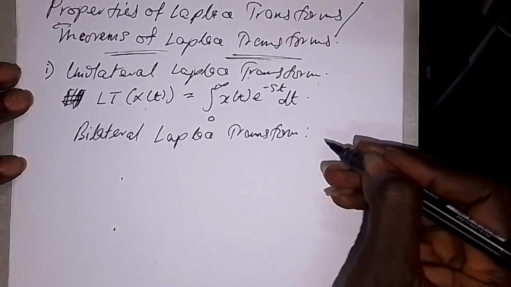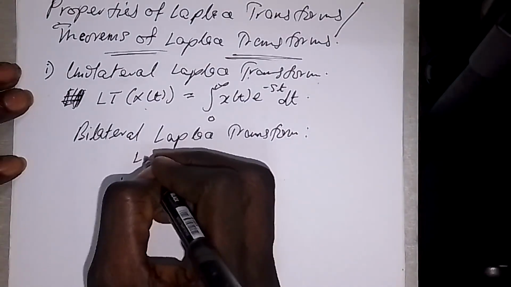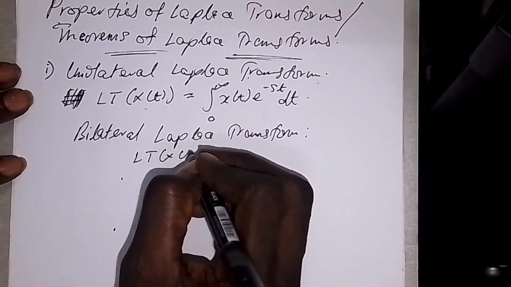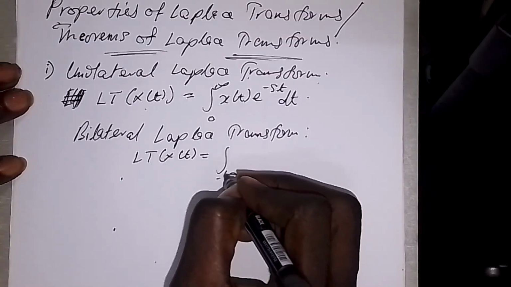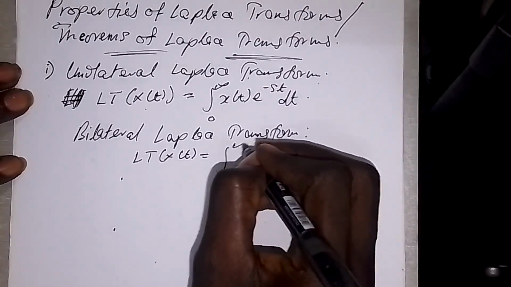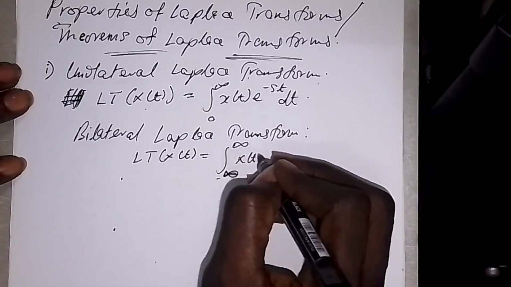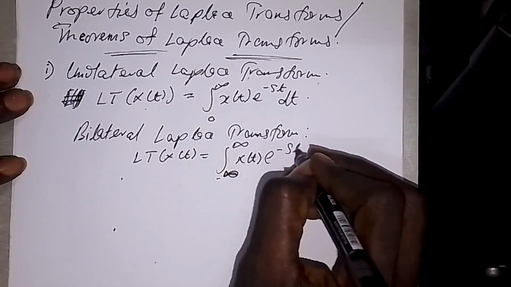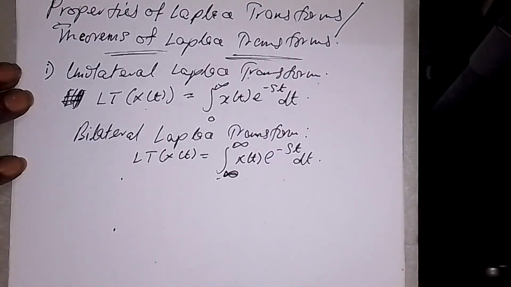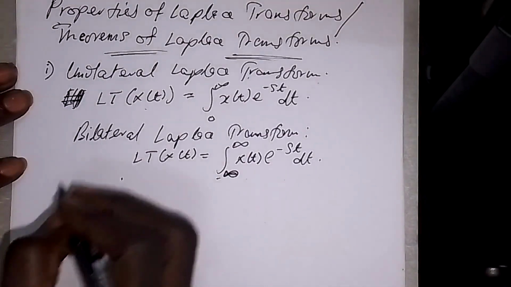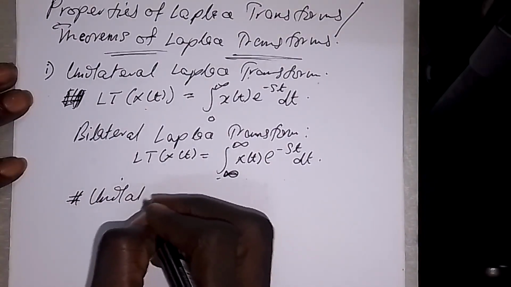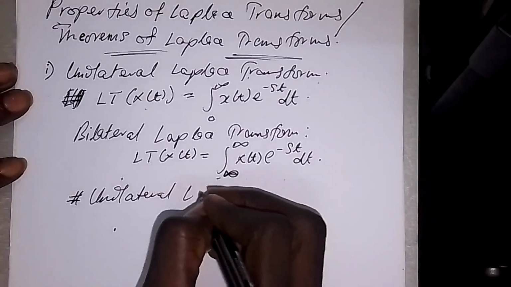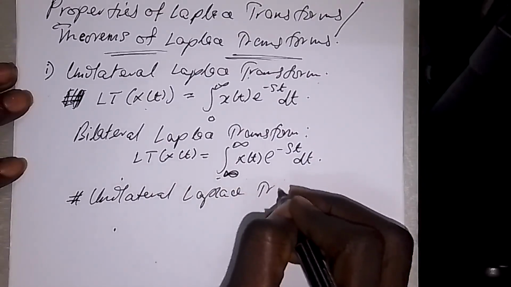The bilateral Laplace transform is such that L of x of t is equal to the integral from minus infinity to infinity of x of t times e to the minus st dt. This is the bilateral, but right now we are dealing with the unilateral Laplace transform.